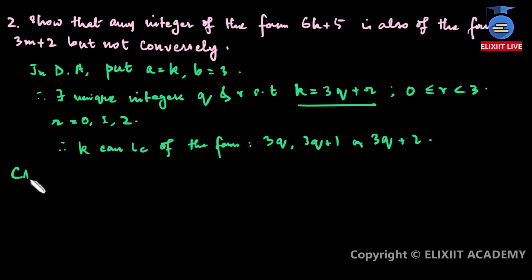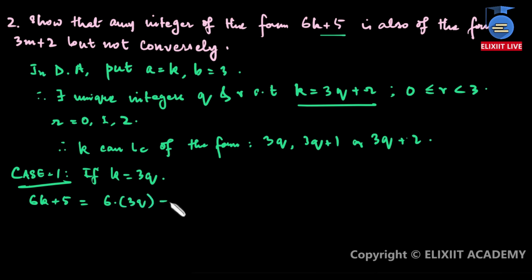Case 1, what is case 1? If k is equal to 3q, let's say. We are going to show that if k is equal to 3q, then 6k plus 5 is of the form 3m plus 2. So multiples of 3 plus 2, remainder is left to be 2. So k is equal to 3q, which means that 6k plus 5 is 6 into 3q plus 5, putting the value of k.